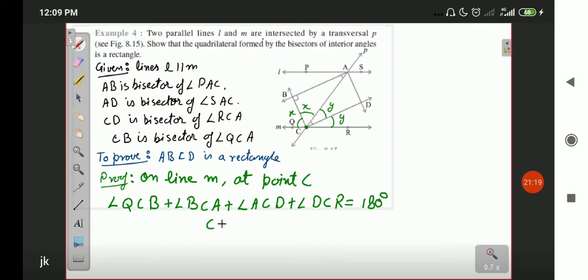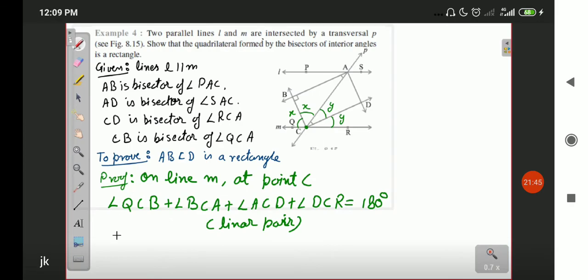How so? Linear pair. Okay. Now QCB and BCA are both equal. Why? Because CB is the angle bisector. And similarly, angle ACD and angle DCR are both equal. Why? Because CD is again an angle bisector.